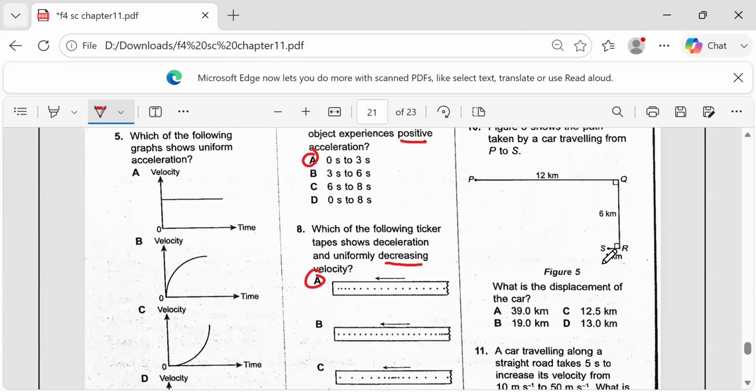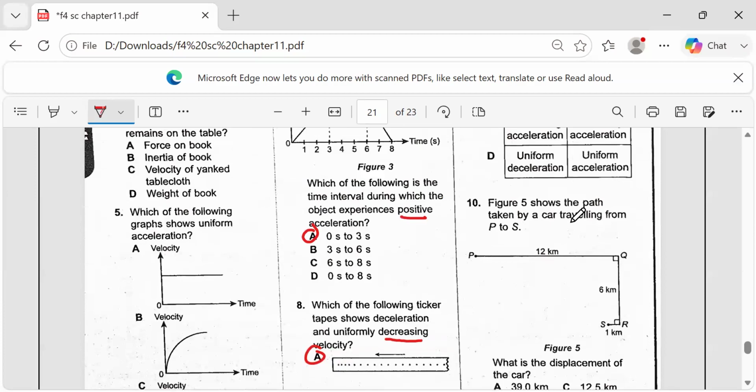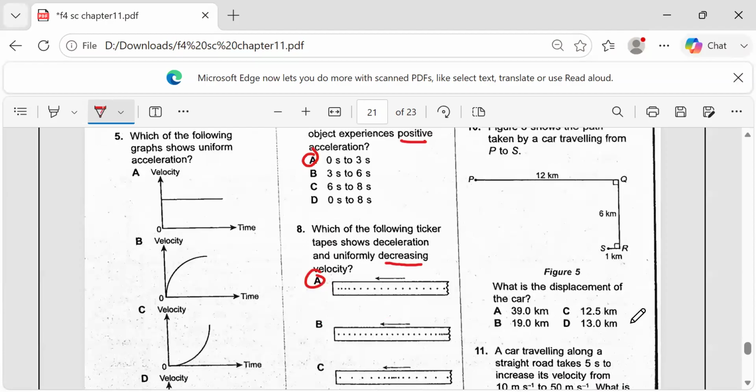Okay. And 10. What is the displacement? So 1 km, 6 km and 12 km, right? From P to S.